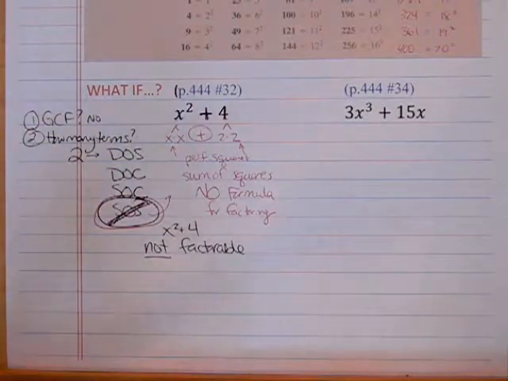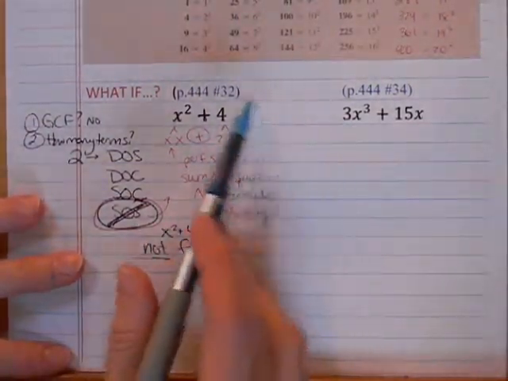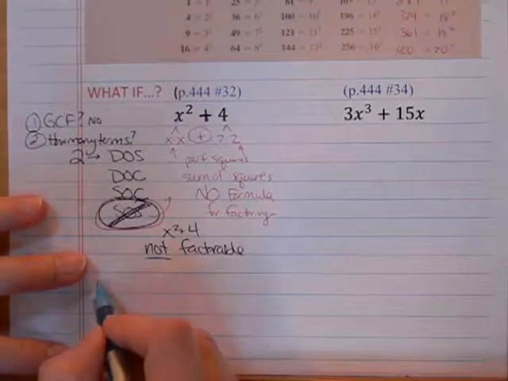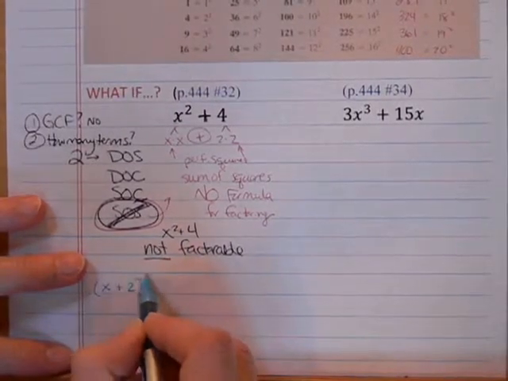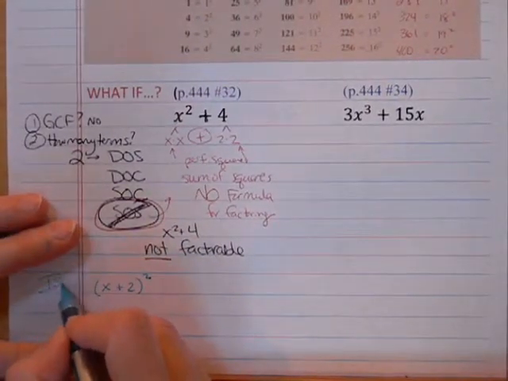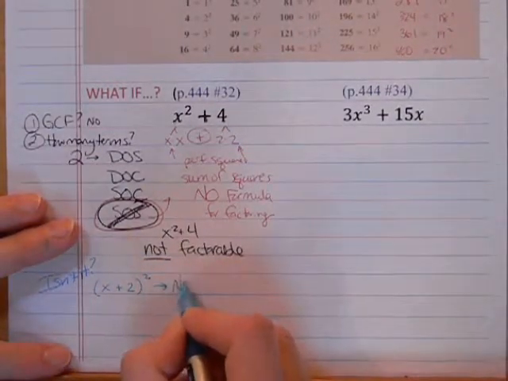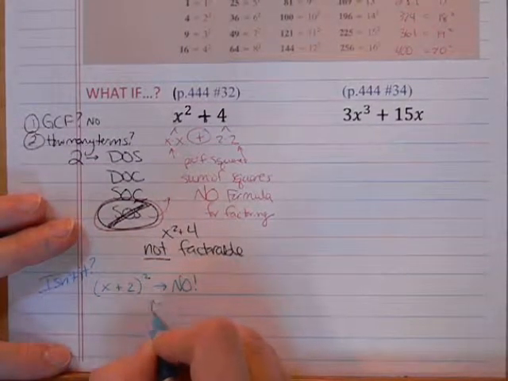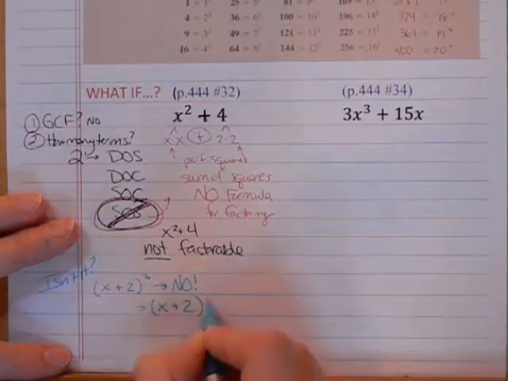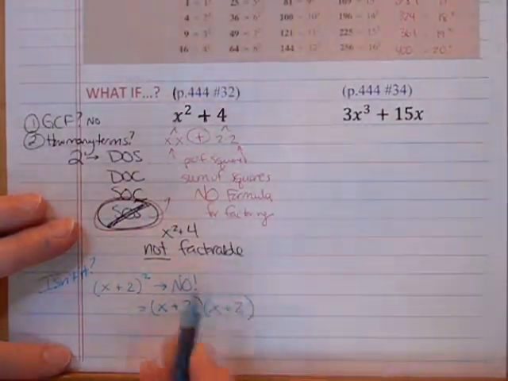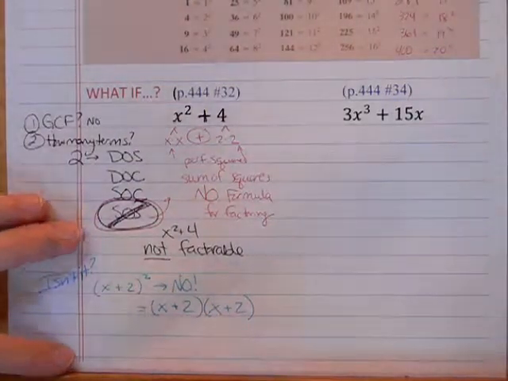There's no GCF. There's no way to break down x squared plus 4. If you're tempted, this is one of the things that catches a lot of people. In a test situation, it's easy to think, oh, well, that must be x plus 2 squared. Isn't it just x plus 2 quantity squared? Well, no, because x plus 2 quantity squared is literally x plus 2 times x plus 2. That's what squared means. You have to multiply by itself.